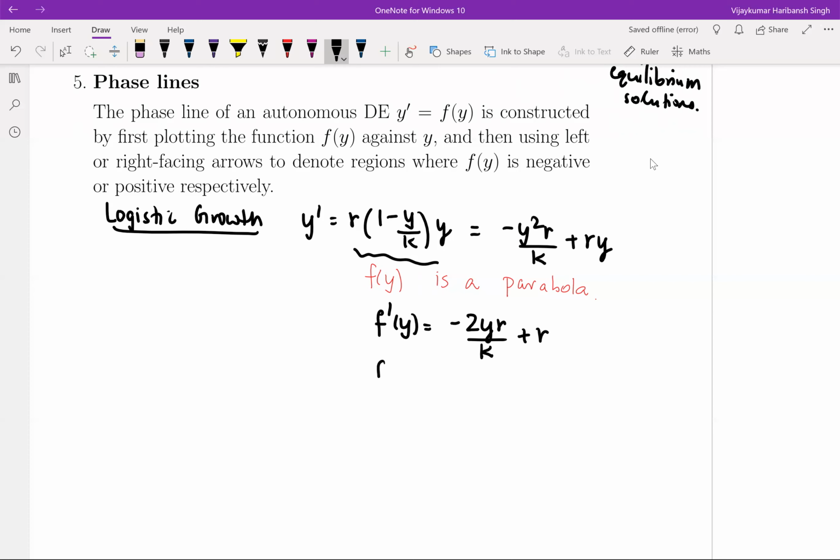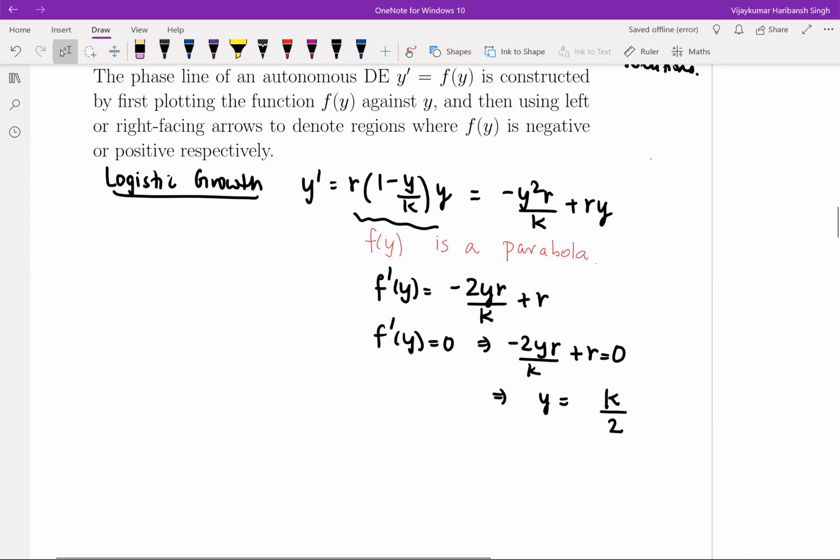So f prime of y equals 0 implies minus 2y r divided by k plus r equals 0. This would imply y equals k divided by 2.